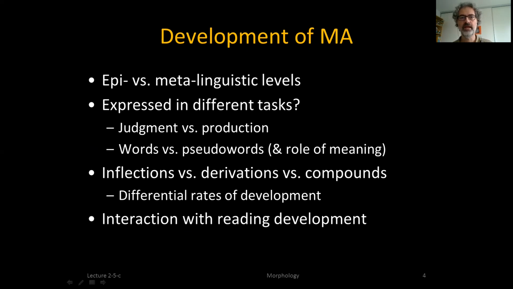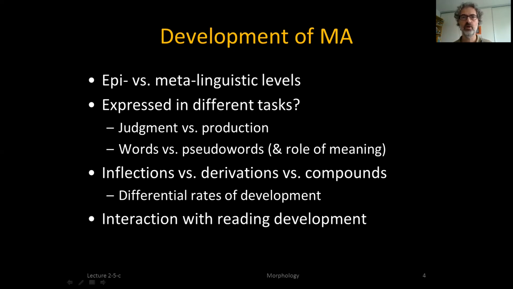Accordingly, the earlier levels are called epilinguistic, epimorphological awareness, and the further developed levels are called metalinguistic or fully blown metamorphological levels of awareness. And these two kinds of levels can be exposed in different kinds of tasks.